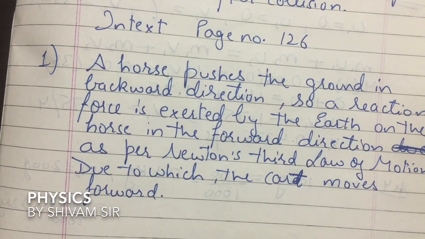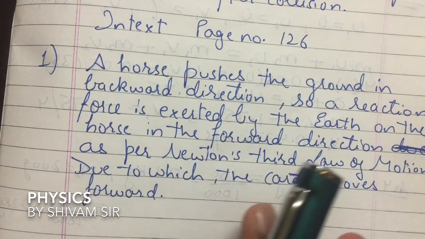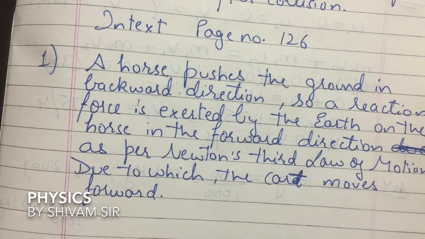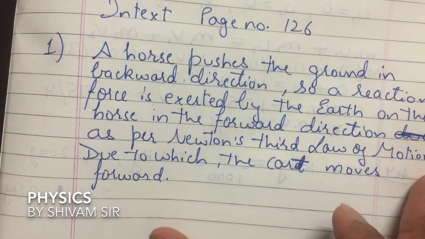So a reaction force will definitely be exerted by the earth on the horse in the forward direction due to Newton's third law of motion. So due to which the horse is able to pull the cart in forward direction. So this is all because of Newton's third law of motion. As the horse pushes the ground in backward direction, a reaction force acts on it in opposite direction, which is in forward direction. So which helps the horse to pull the cart.